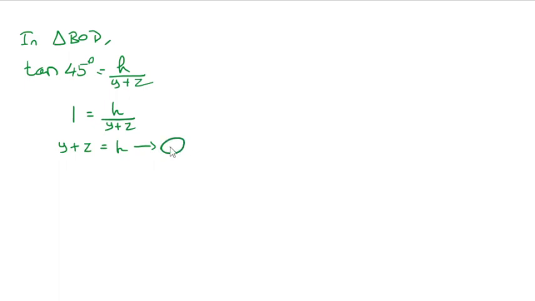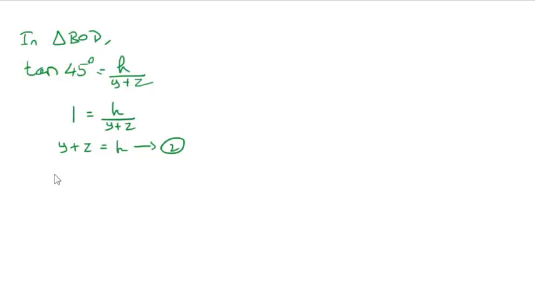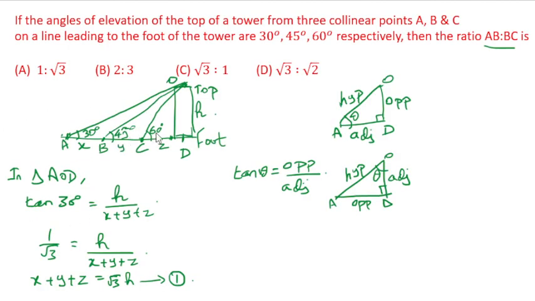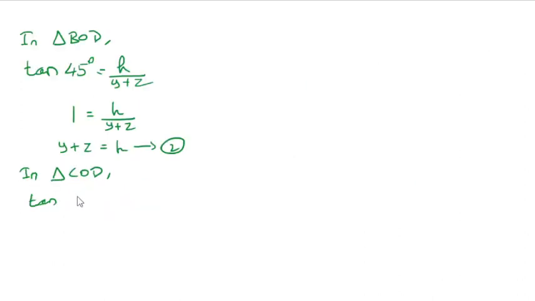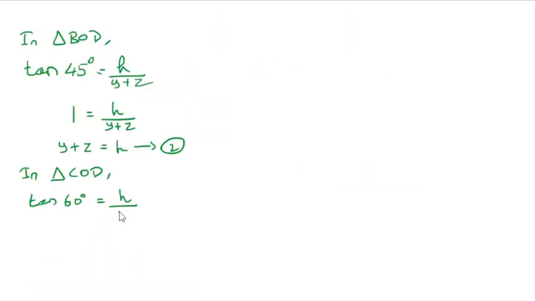This is the second equation. And the last triangle COD, tan of 60 degree, right? So tan 60 degree equals h by the distance z.